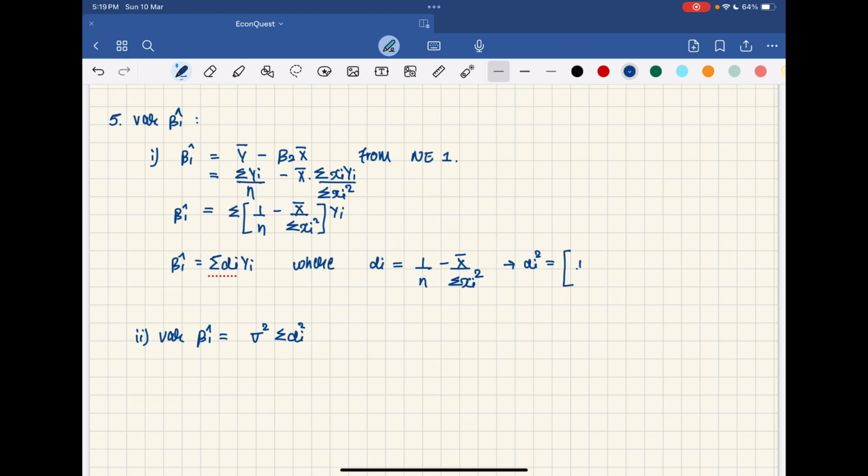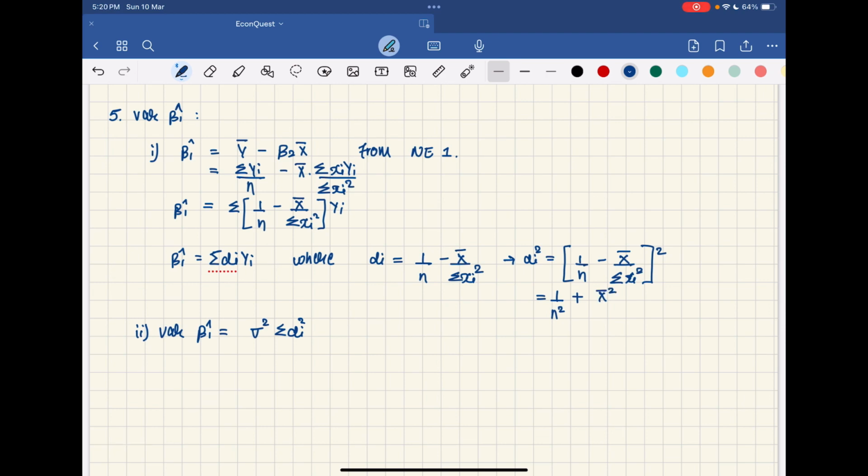It is equal to (1 by n minus x bar divided by summation xi square) whole square, which is equal to 1 by n square plus x bar square divided by (summation xi square) whole square minus 2 times 1 by n times x bar divided by summation xi square, right?